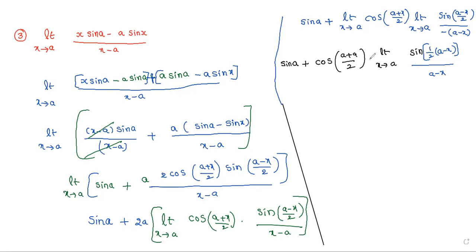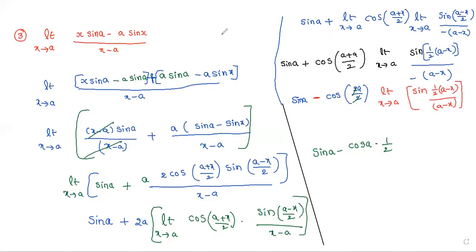The 2a is missing, 2a. Finally, the 2 cancels. Sin a minus a cos a.